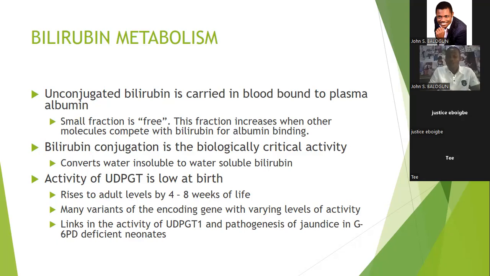Then we are going to see the significance of this third point as we go in the teaching: the UDPGT enzyme, that's uridine diphosphate glucuronyl transferase enzyme, its activity is very low. It's very low in the first few weeks of life.